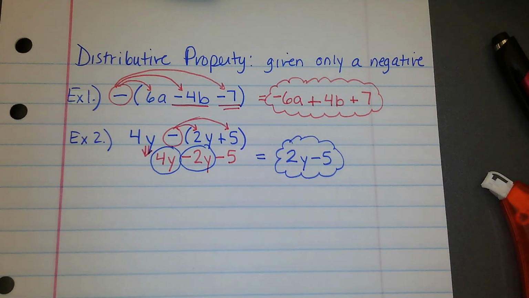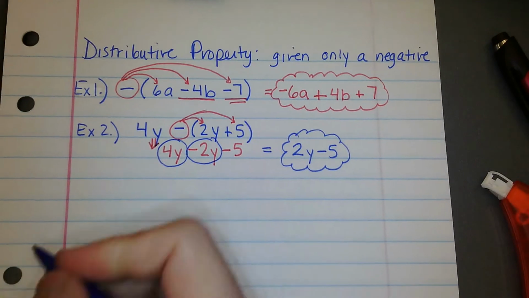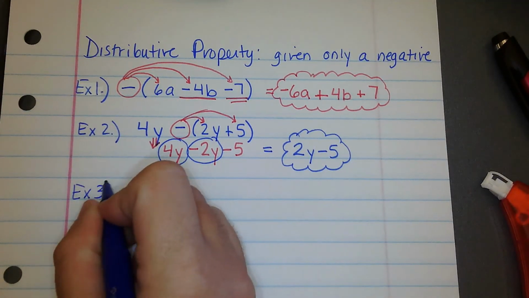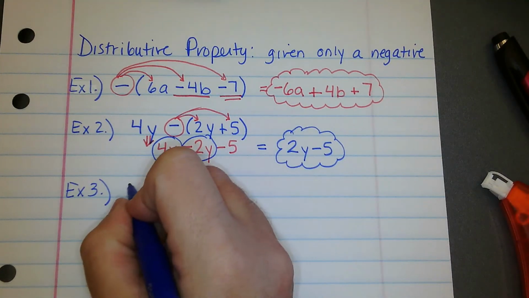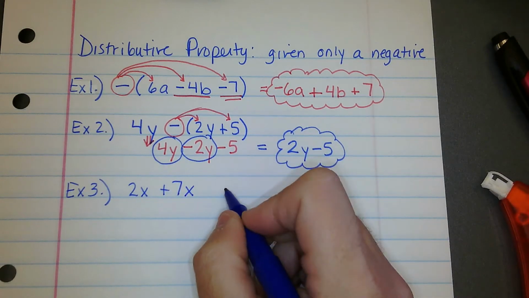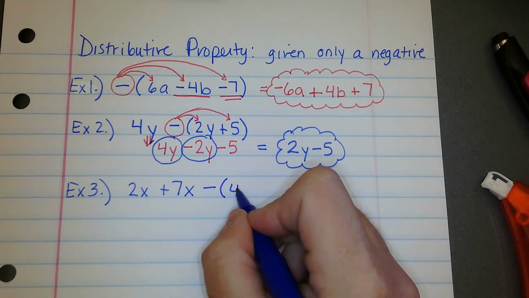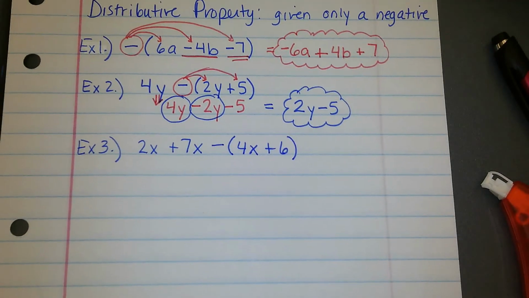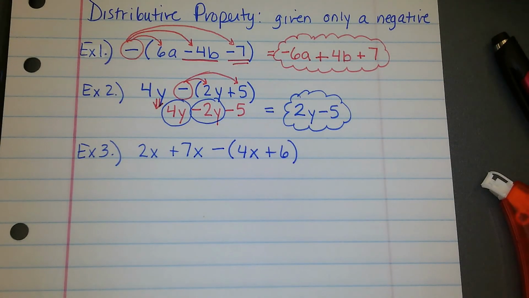And the last one that I want to show you, this is a bigger one. We've got 2x plus 7x minus parenthesis 4x plus 6. See how they're getting a little bit bigger each time? I want you to be ready for that.